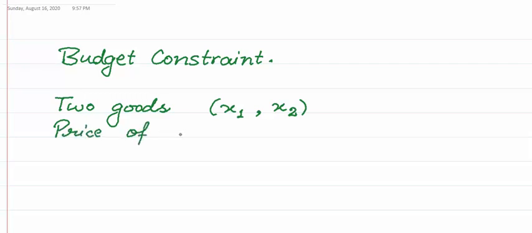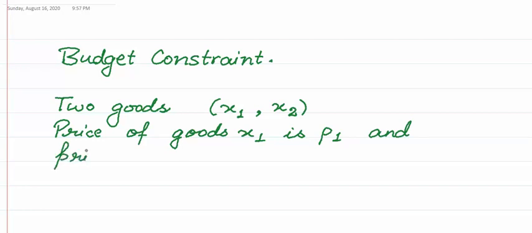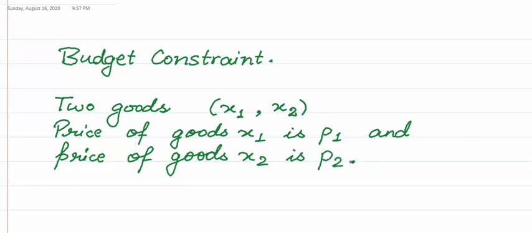Price of goods x1 was denoted by the variable p1, and price of goods x2 was denoted by the variable p2. Now, to know the amount of goods x1 consumed at the given price p1 and amount of goods x2 consumed at the given price p2, we must know the income of the consumer.